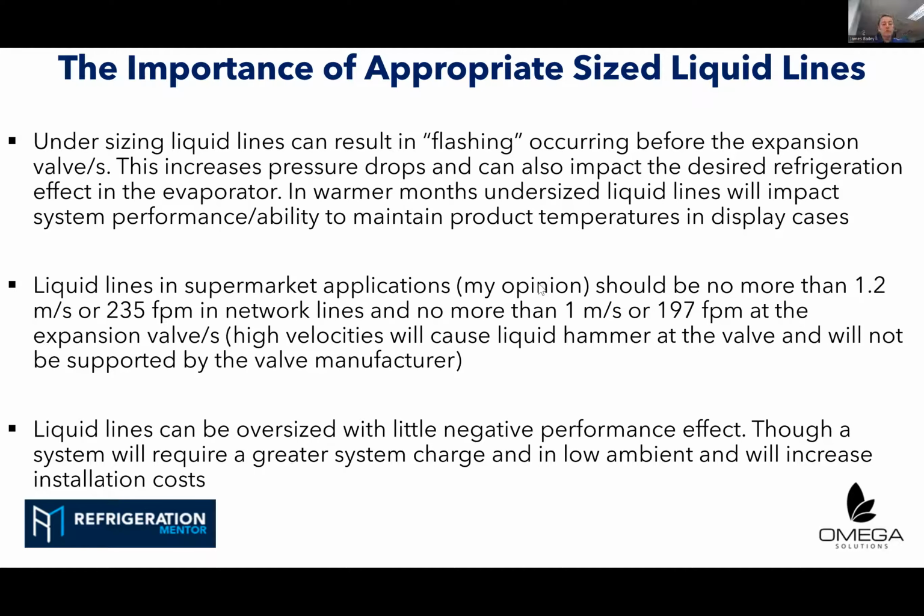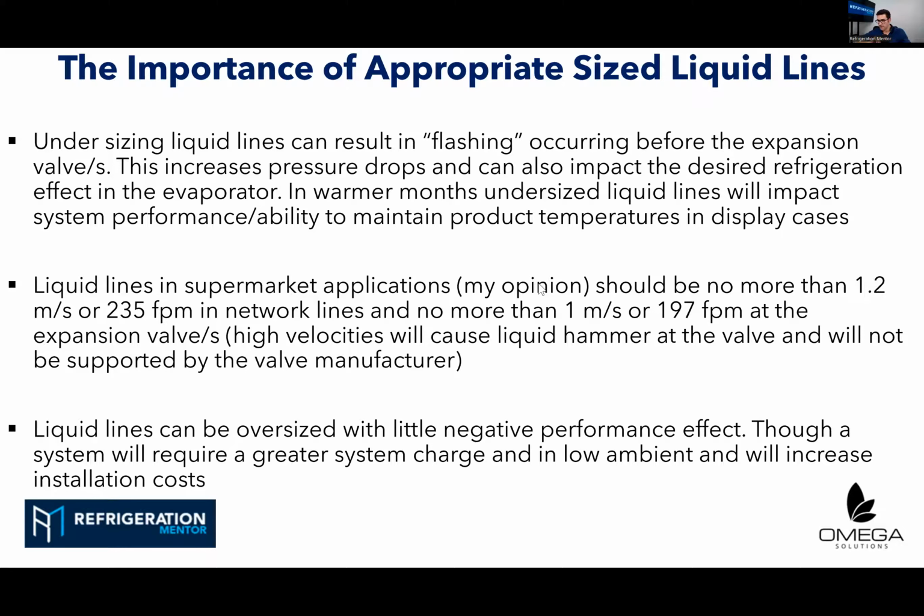No problem. So just one last point here, Trevor. Liquid lines, for me, can be oversized with very little negative performance, though a system will require a greater system charge, and in low ambient conditions this will increase installation costs. So I've seen, and this is another thing I've talked with a manufacturer about, where they ran into an issue where the salesperson for this manufacturer went out and said, okay, you can use a 5/8 line.